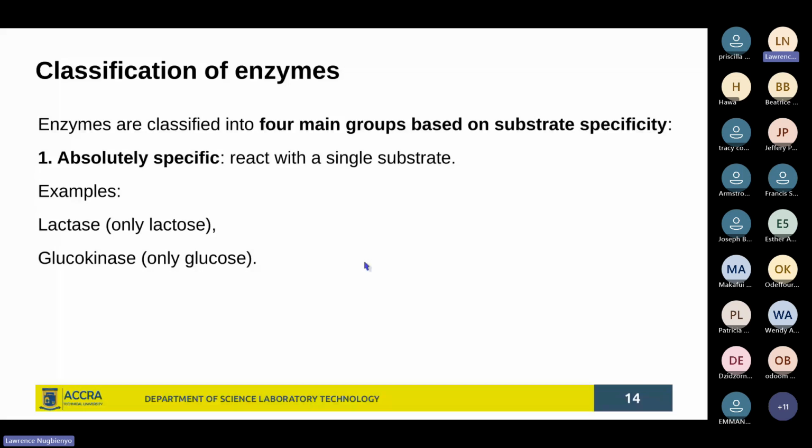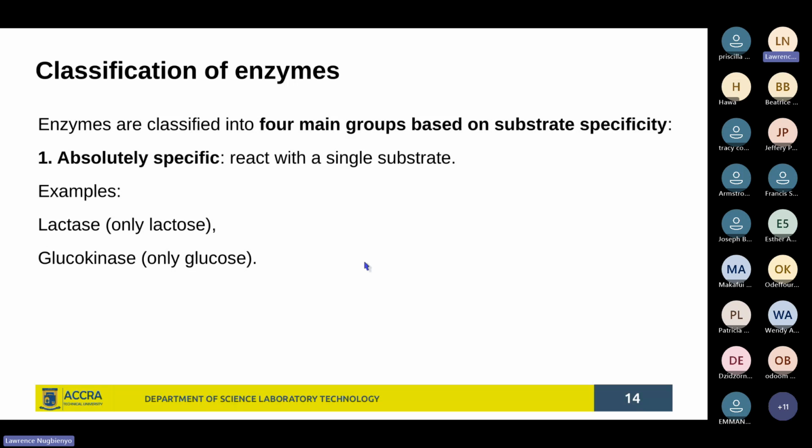So also glucokinase will be acting on the substrate glucose and only glucose. And I mentioned anytime you see the name of an enzyme with the word kinase in it, it only means that that enzyme is involved in the transfer of a phosphate group from one molecule to the other.